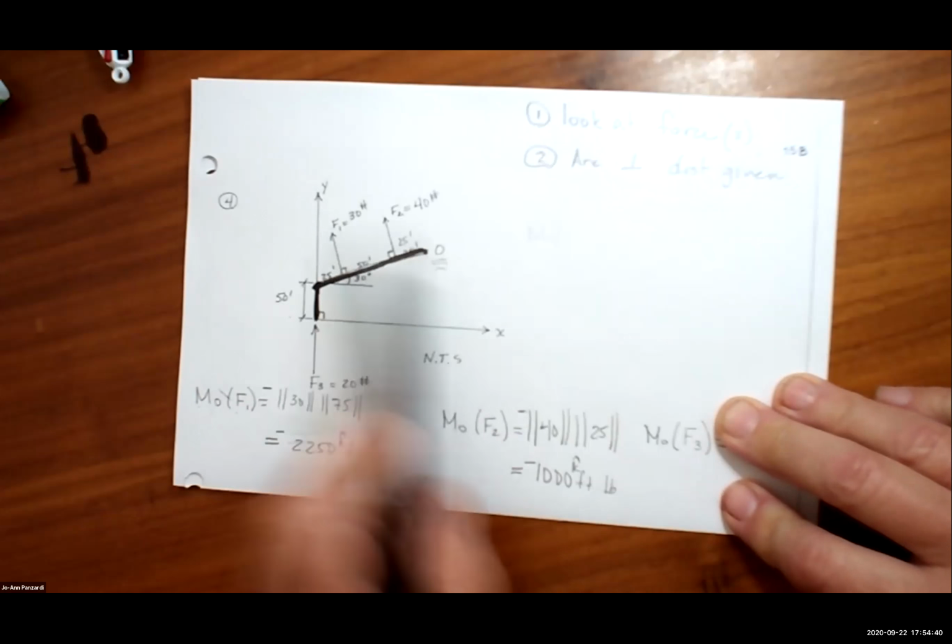And then 4, the total moment about a point is the sum of the moments due to all the forces. Is that clear? Good? Everyone? It's okay? Okay. All right, so now let me save this.